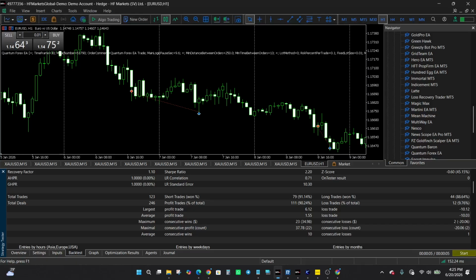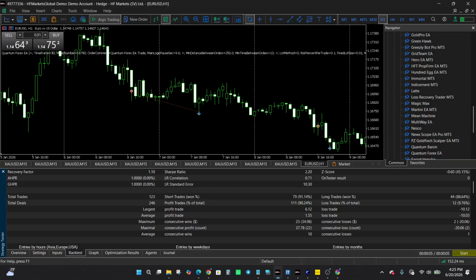So when reviewing the historical testing performance, keep in mind that results can vary based on risk settings, lot size selection, broker execution, spread conditions, slippage, market volatility, and user optimization choices.